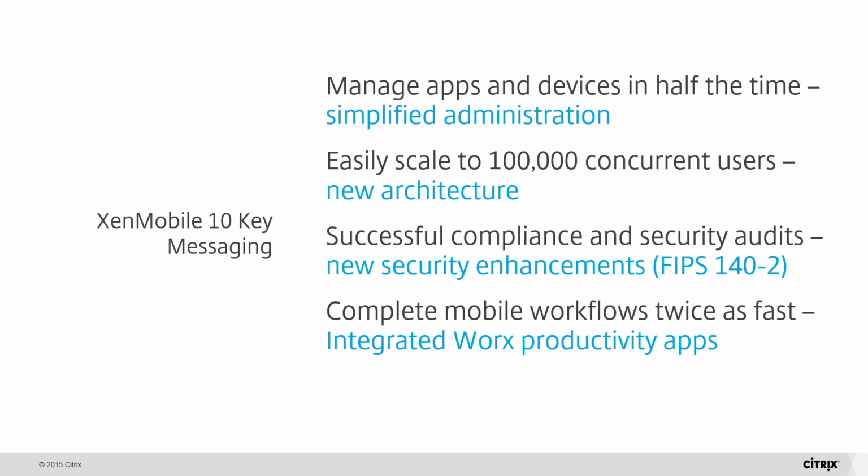The next one is the architecture. Architecturally, we have unified both solutions into one virtual machine. And one of the key enhancements is the fact that we went from 32-bit to 64-bit. From a scalability perspective, now you can go beyond the 4 gigabytes of RAM that we used to have on the App Controller solution.